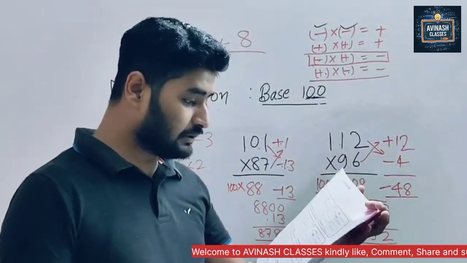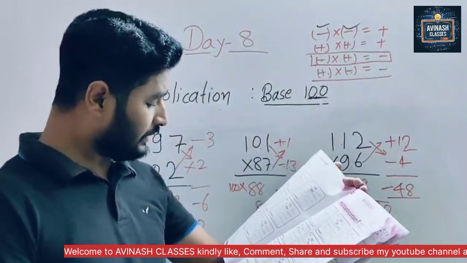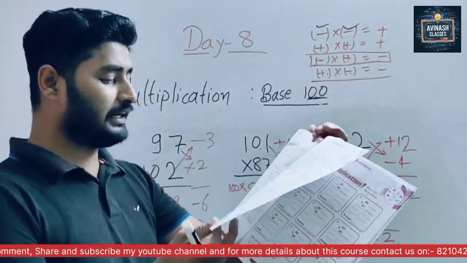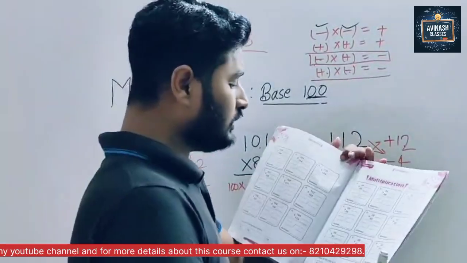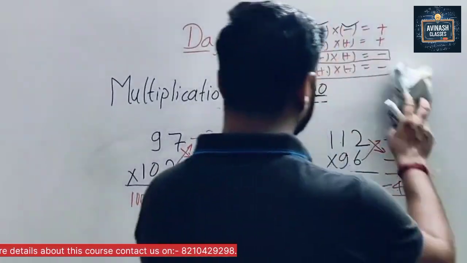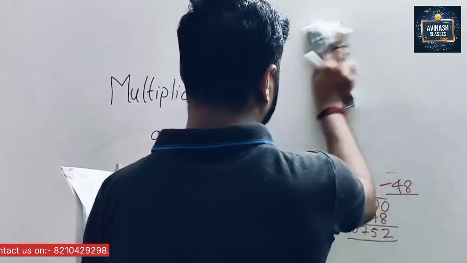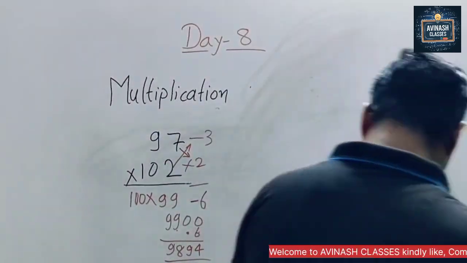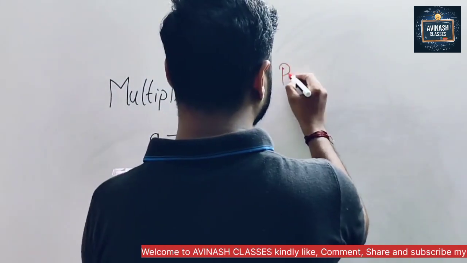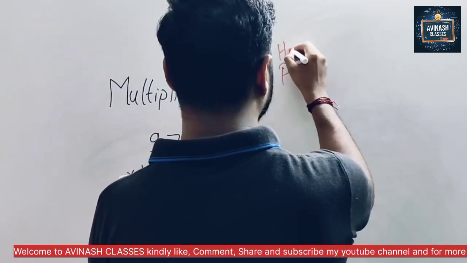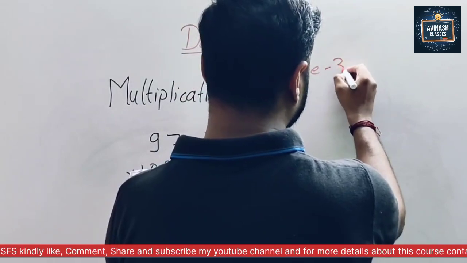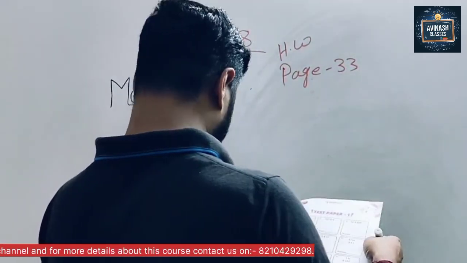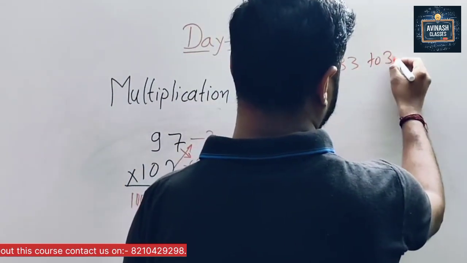Now it's time to discuss the homework. Okay, so I think everyone completed till page number 32. Yes, yesterday we learned till page number 32. Right now we are going to do, okay, so please write down homework page number 33 to 38.